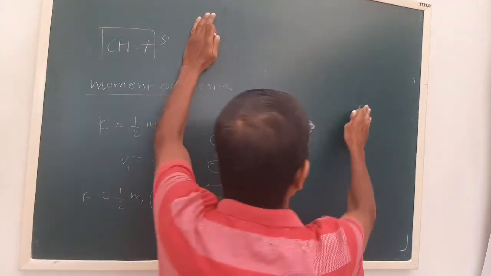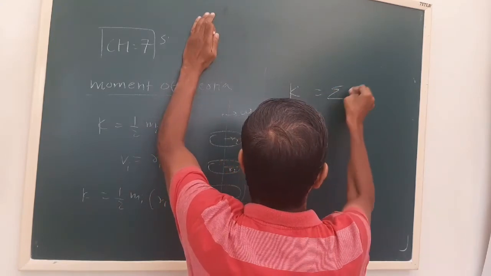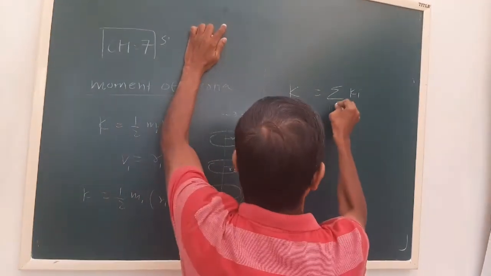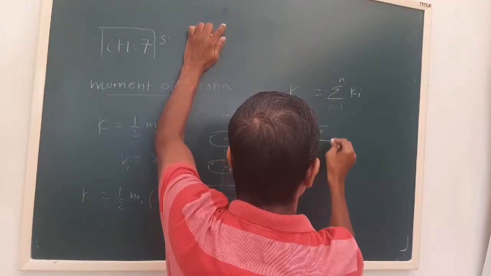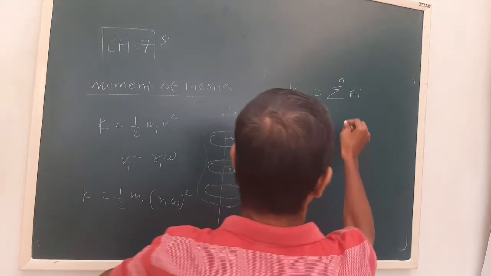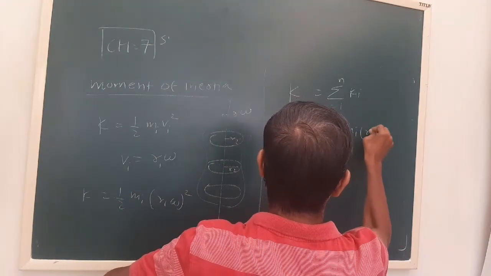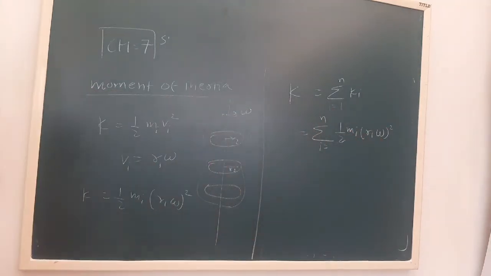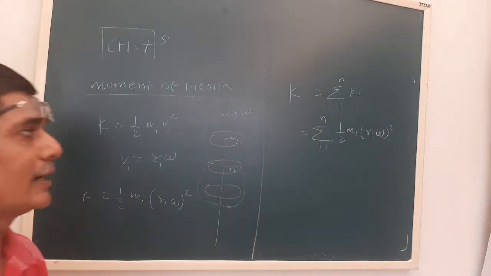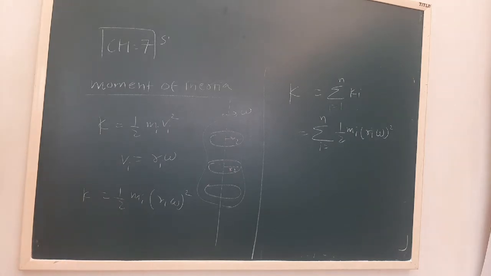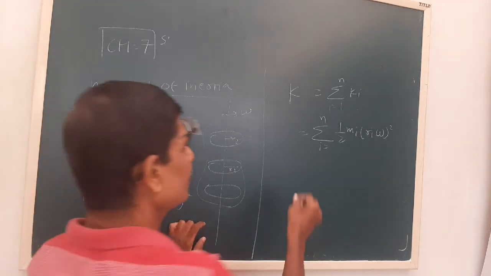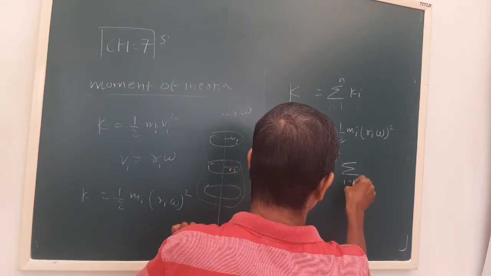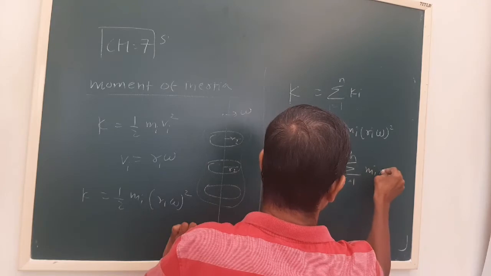See the total kinetic energy is sigma K_i, the kinetic energy of the particles from 1 to n. Now we can substitute here: 1/2 sigma i equal to 1 to n m_i r_i square omega square. Omega is the same for all particles, so 1/2 omega square we can take common.